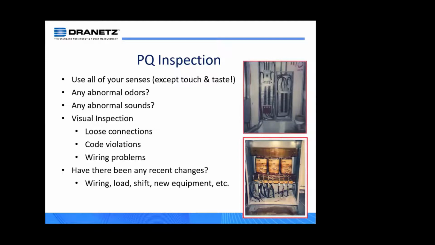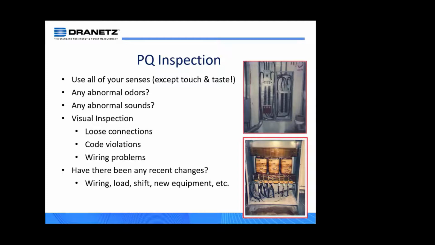But during the inspection, look for any abnormal odors, any abnormal sounds. The visual inspection is probably the most important, because you look for things like loose connections. Loose connections will show up in the measurement data as well, but if you're out there doing the visual inspections, a lot of times the loose connections are a big problem.